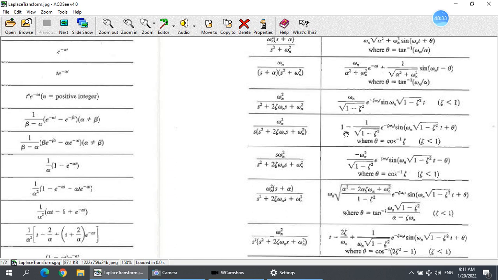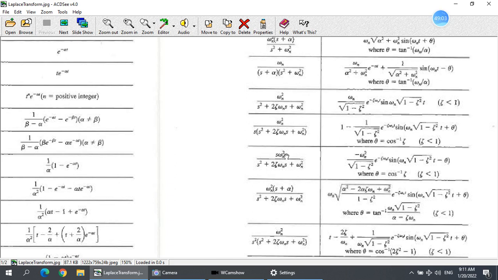It is 1 minus 1 over square root of 1 minus zeta squared, e to the negative zeta omega n t, sine of omega n square root of 1 minus zeta squared t plus theta, and theta equal to cosine inverse of zeta. This is the first term.